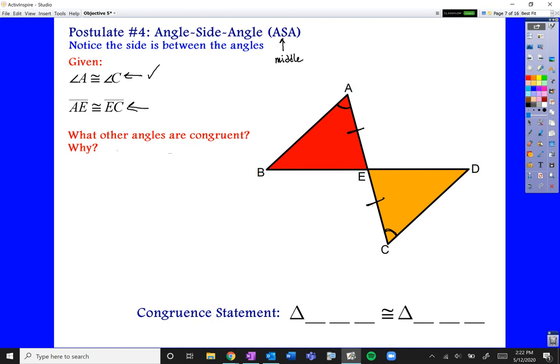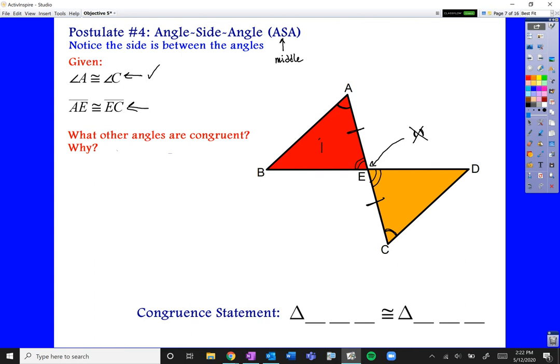But if you remember that when you see 2 triangles touch at a certain point and they create an X, we know that angles on opposite sides of the X are congruent. So we actually also know that this angle here is congruent to the angle right across from it. Because of what we've learned before, it's called vertical angles.